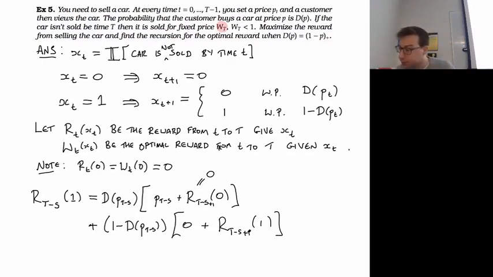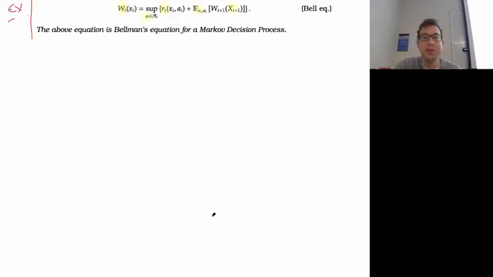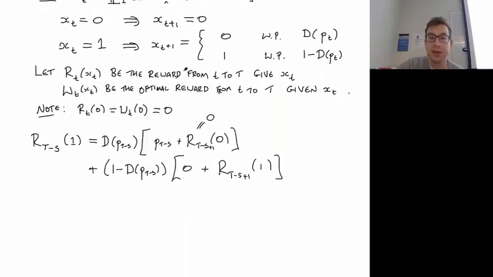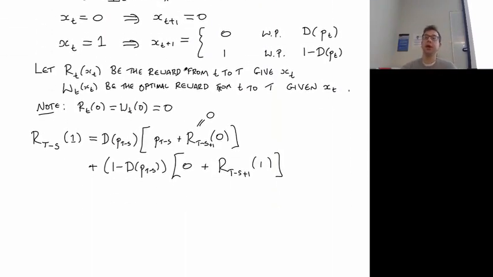So notice, I'm kind of doing this proof for you as we go, but just with this example. If I was going to make the optimal decisions from time T-s+1 onwards, this wouldn't be R, it would be W. We use W for the optimal one.